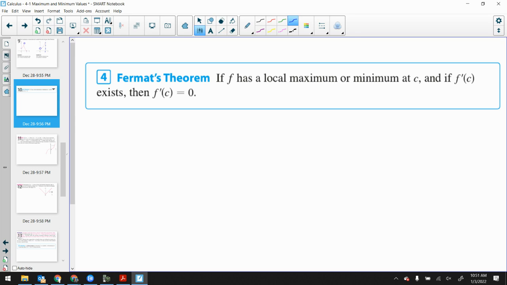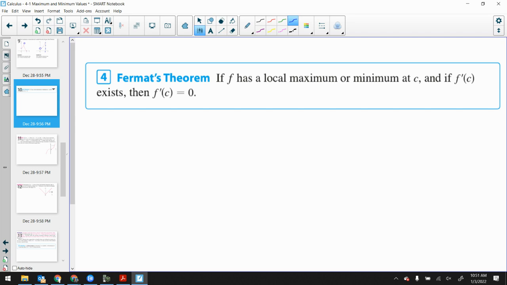If f has a local maximum or local minimum value at c, and if f prime exists, if the derivative actually exists. Okay, when does it not exist? At discontinuities, at corner points, right? All those kinks in the graph.